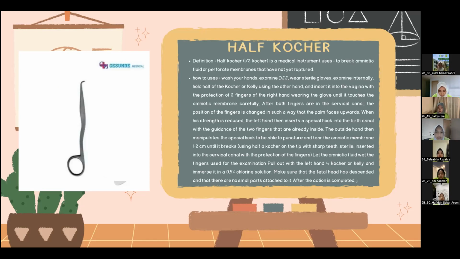Half cooker. Definition. Half cooker is a medical instrument used to break amniotic fluid of perforate membranes that have not yet ruptured. How to use?